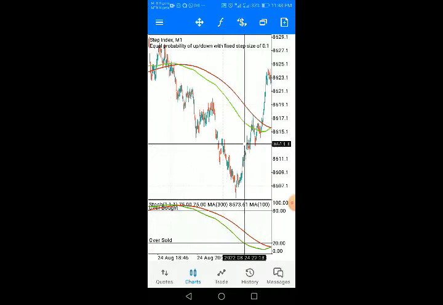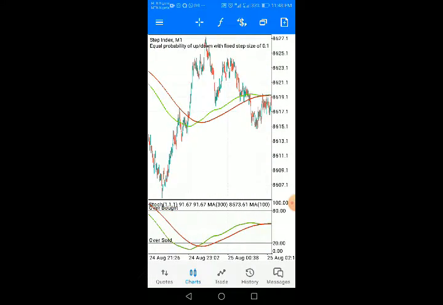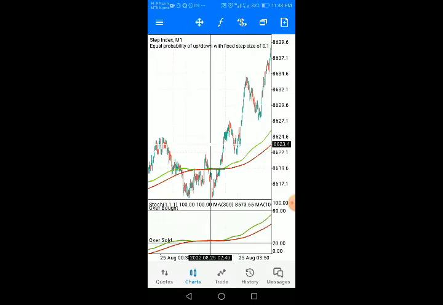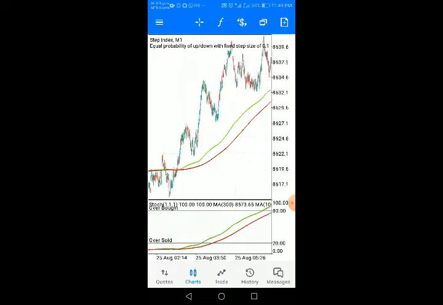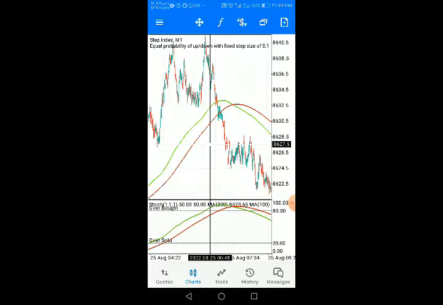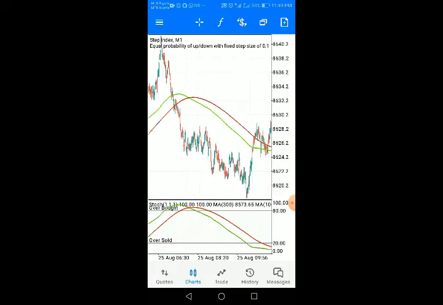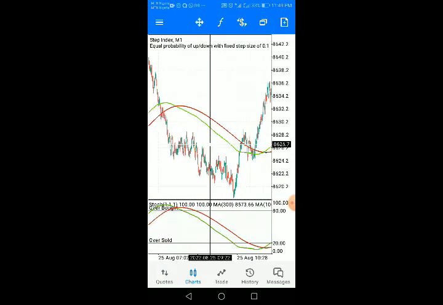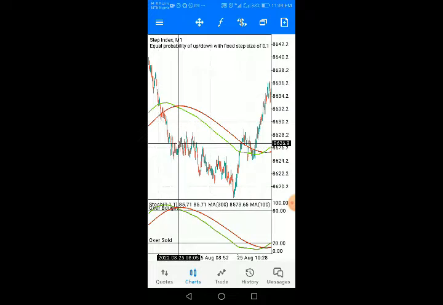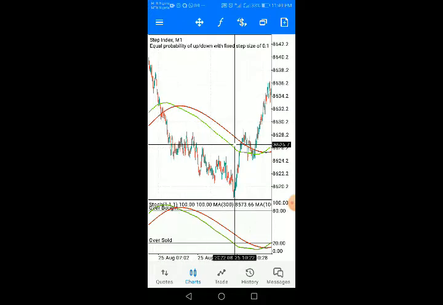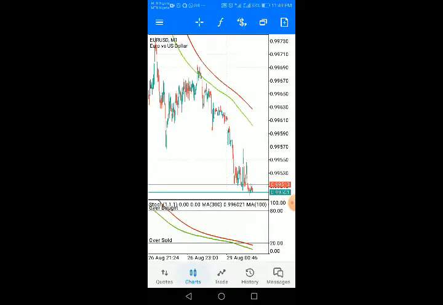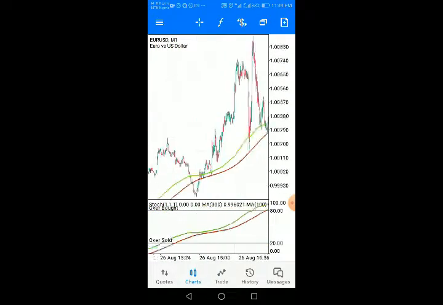Enter here, exit here. You can look at it, guys. So amazing, a lot of profits to be made using this strategy. Enter the trade from here, then you exit here. So that's it. Let's check it on Euro USD as well.